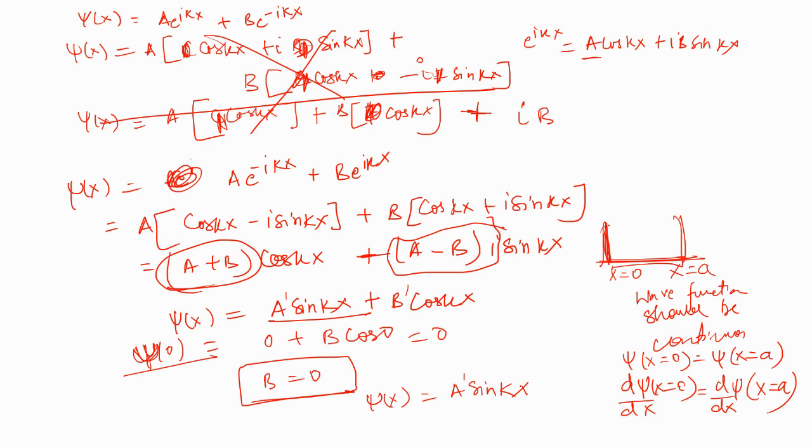Now we have one more boundary condition, that psi at x equal to a is also 0. Applying this boundary condition, you get 0 is equal to A sin ka. A will go to the left-hand side, so sin ka is equal to 0, and sin ka is equal to sin n pi.